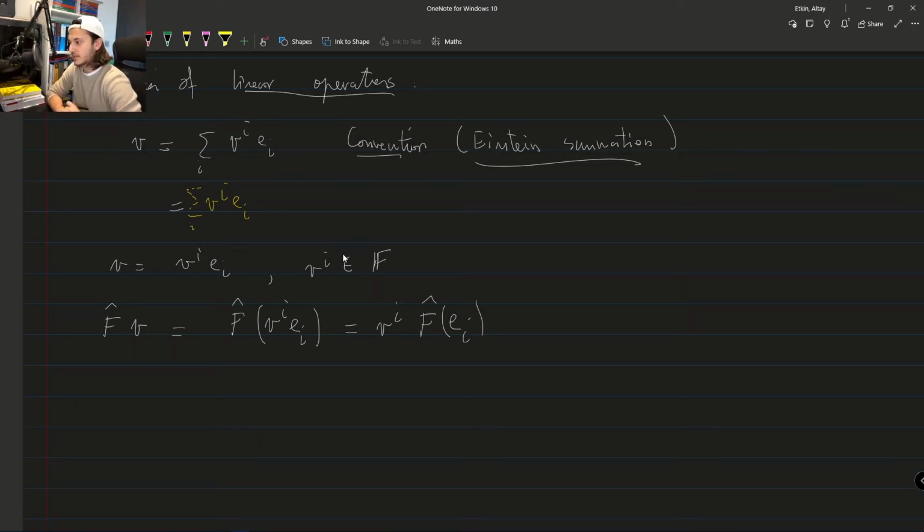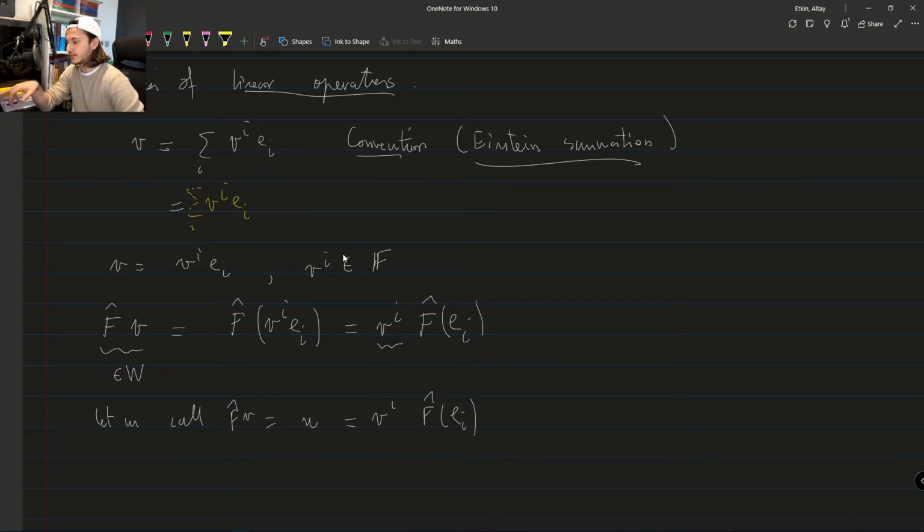Now, what does that mean? That means that we should have a new basis, because we have v^i, and this is supposed to represent a new vector living in W. So let us call f(v) u. And u is equal to v^i times f hat on e_i.